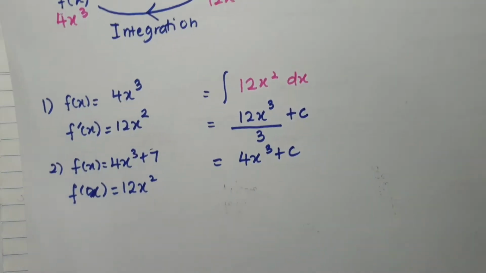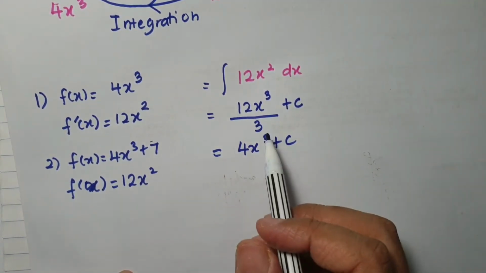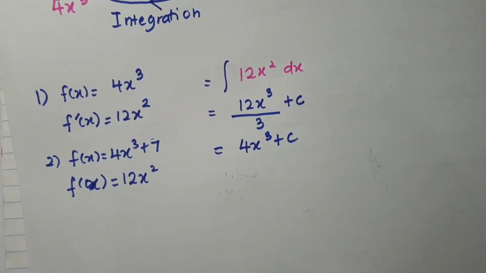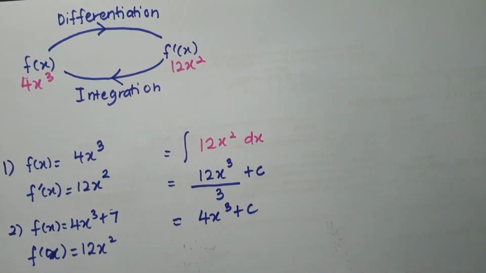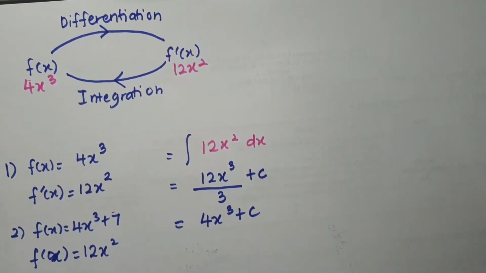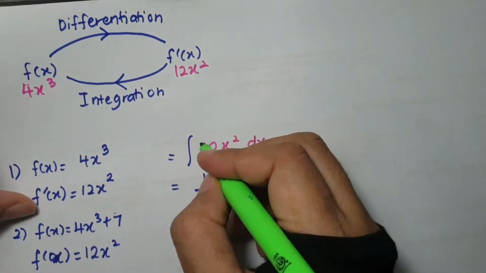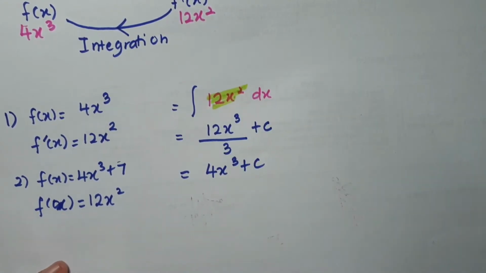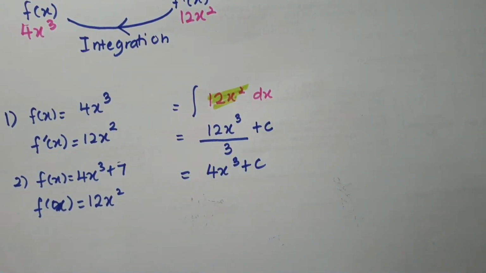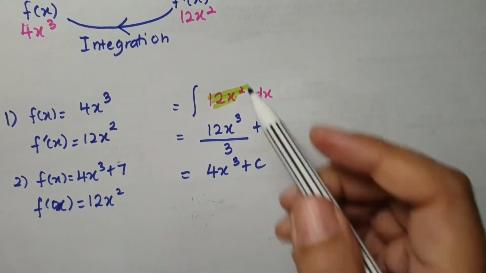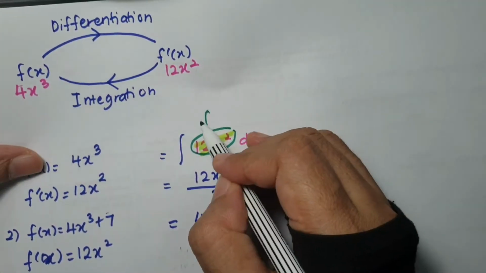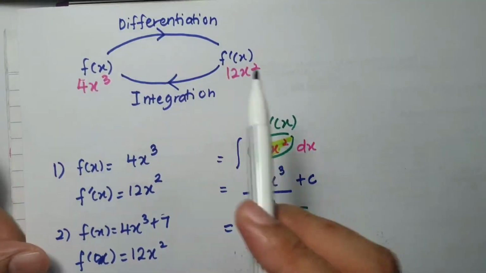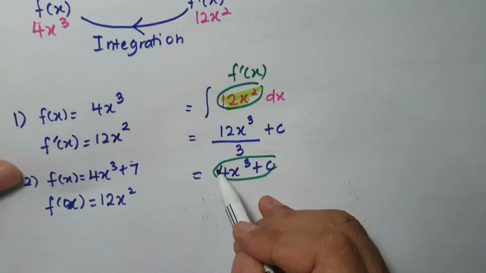So we can make a conclusion based on this. Actually, this function is f prime x, and the result is fx.